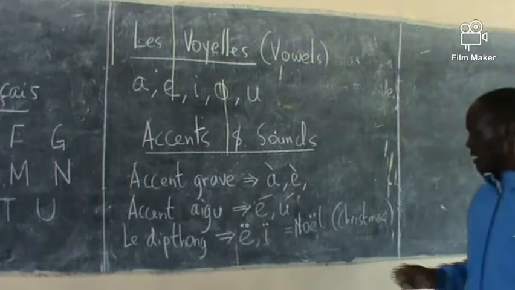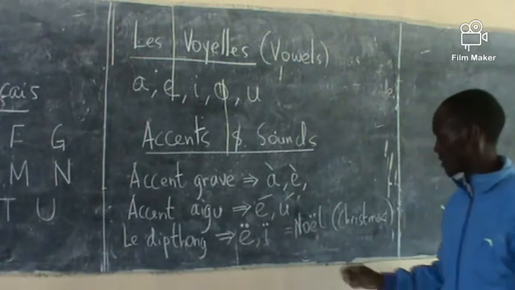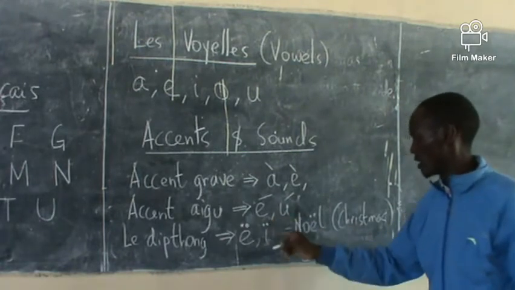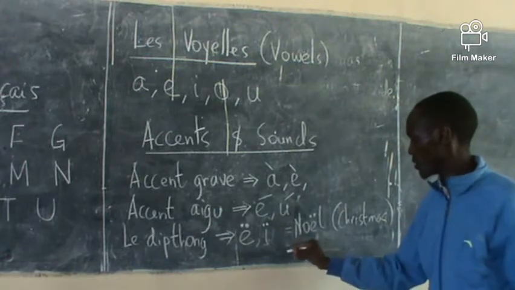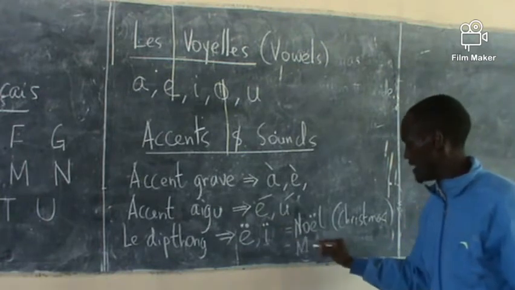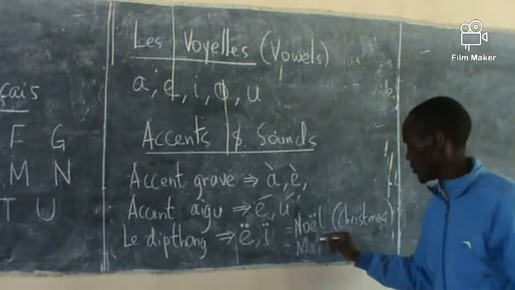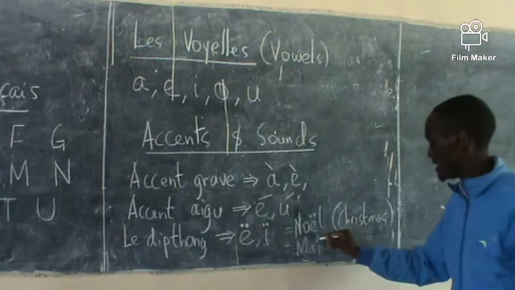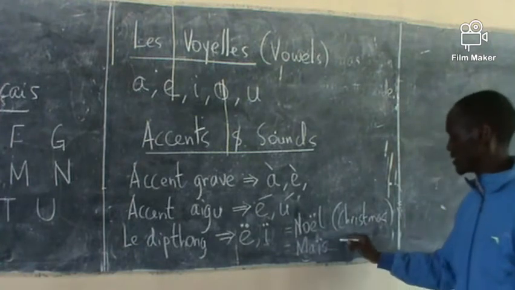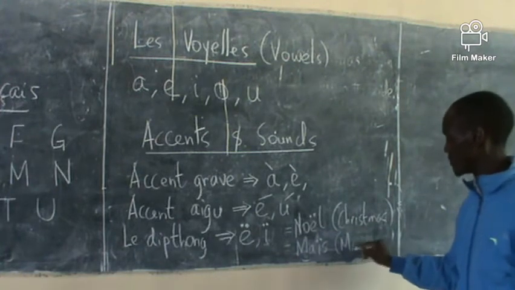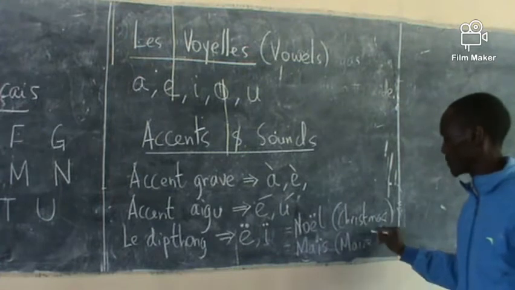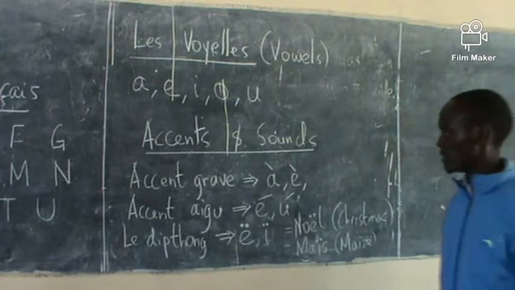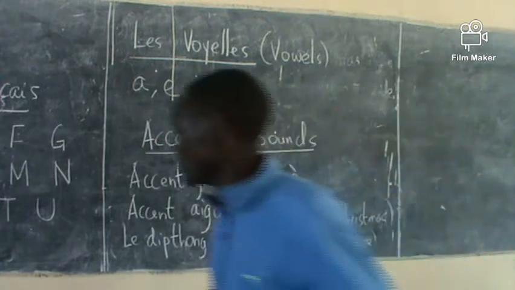In the case of I, for example, in the case of the diphthong in I, we are talking about something like maïs. You can feel the elongated form of the diphthong, maïs, which means maize. So let us look at some more accents.